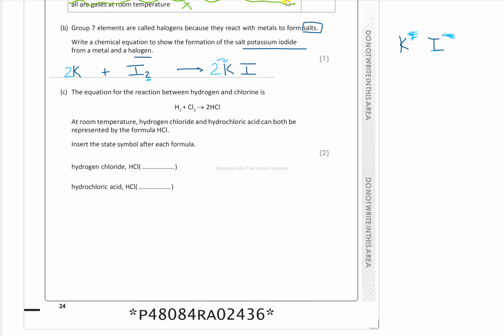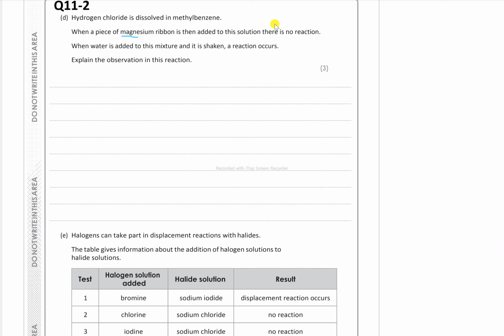Let's see if we can do this. Right, you put magnesium in. Magnesium reacts with what?